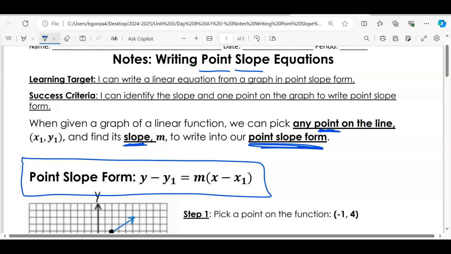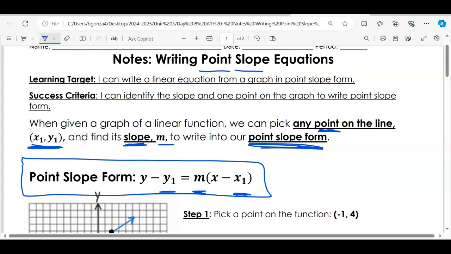Point slope form is y minus y1 equals m times x minus x1. So look, x1 and y1 are part of the point that you have, and m is the slope that you find. So you got to use that formula today.